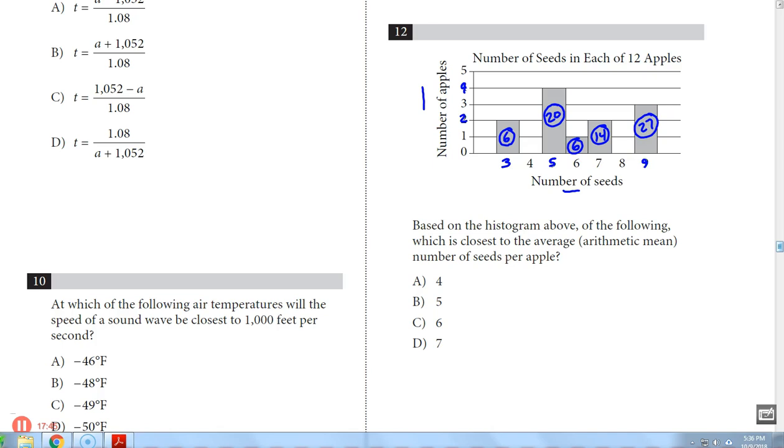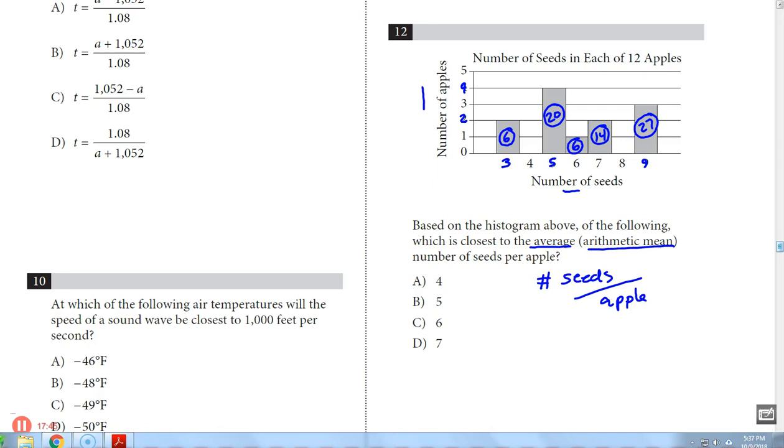Now I'll show you why I did that, because the question says, based on the histogram above, which is closest to the average, fancy word is the arithmetic mean, number of seeds per apple. So if I want the number of seeds per apple, basically what I have to do is divide the total seeds by the total apples.